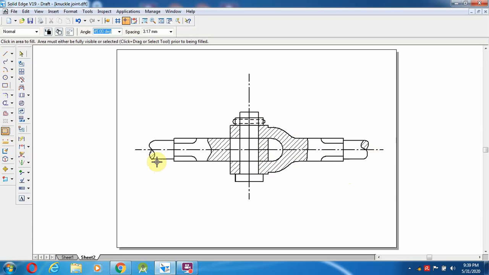Okay, so after completing this, we can go and select the use of small dimension and extend to next. So the dimension I try to give over here.